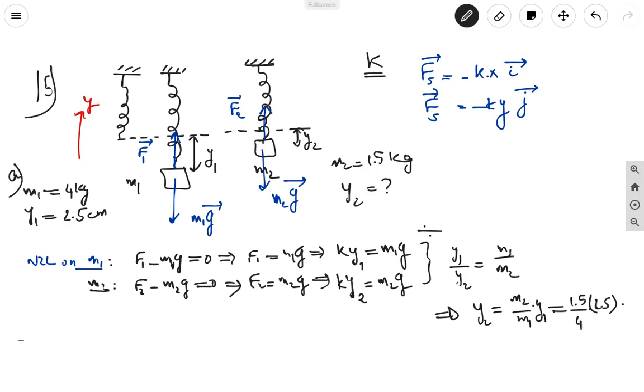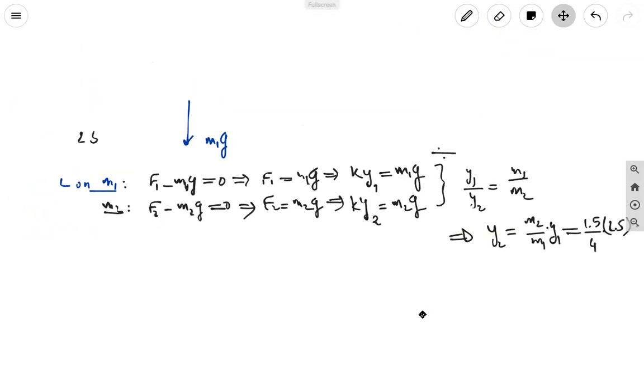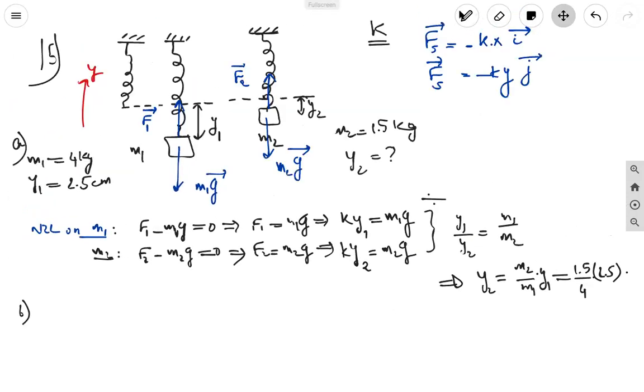Now in part B, the question was, how much work must an external agent do in order to stretch the spring by 4 centimeter? So if we have, again, the unstretched position for the spring, so here's the spring again with its unstretched position, right?